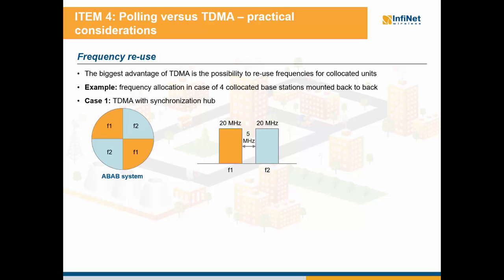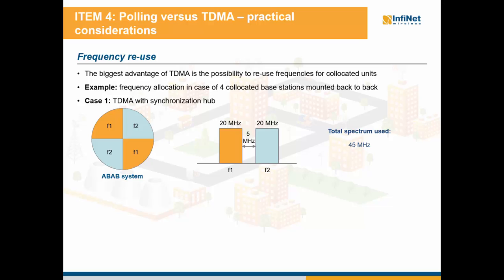In this case, the 2 channels F1 and F2 are adjacent, and they are only separated by 5 megahertz because the sectors are synchronized. Now considering 20 megahertz bandwidth for each channel, we need a total of 45 megahertz in order to plan the frequencies for all 4 sectors or collocated base stations.